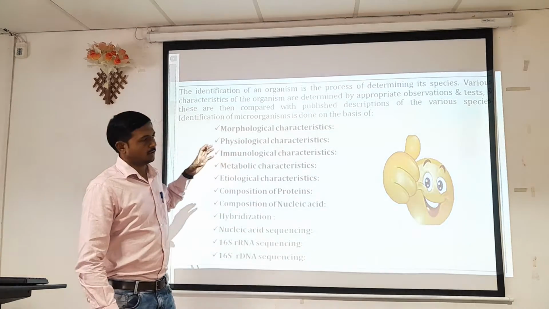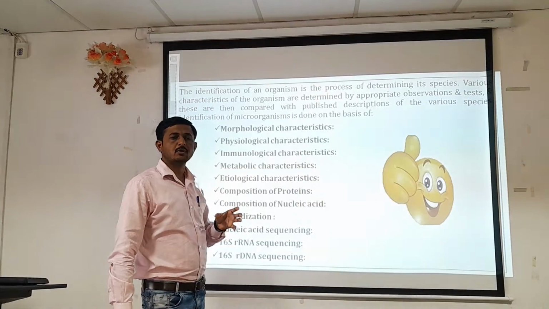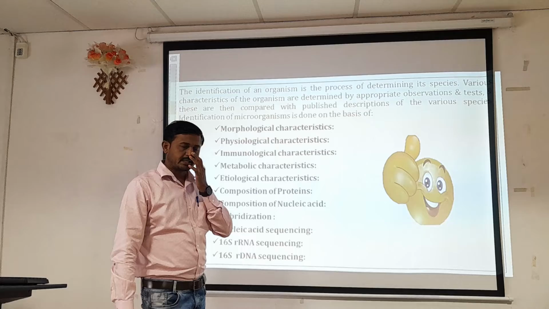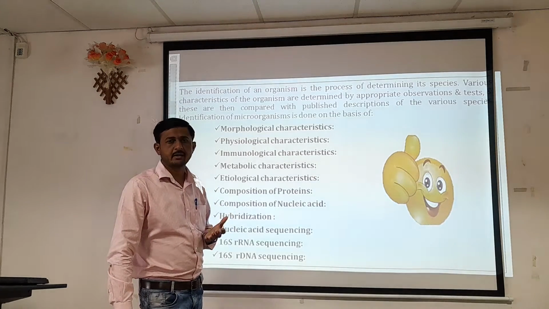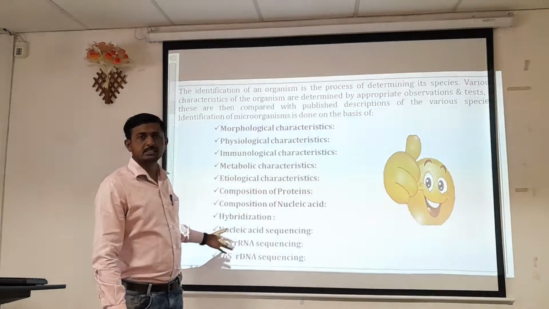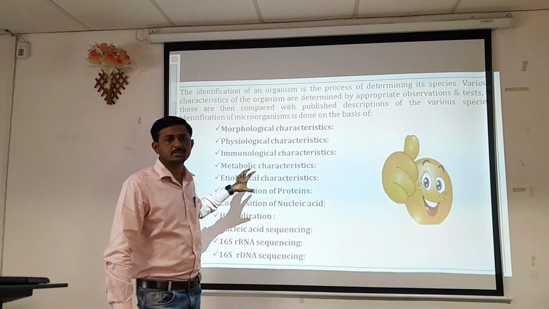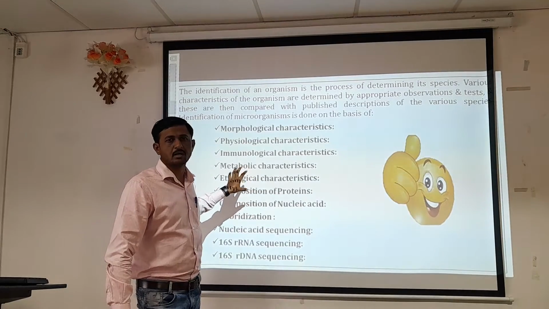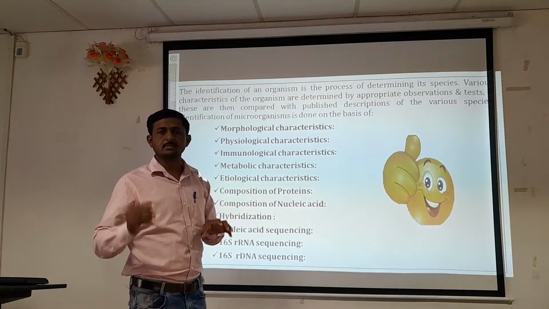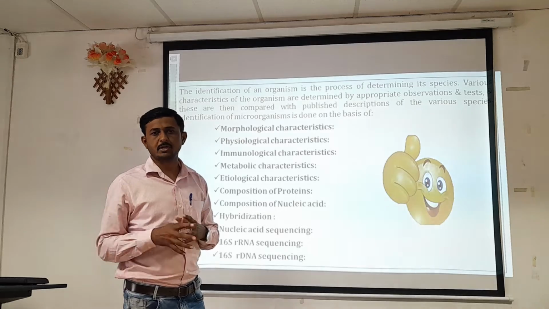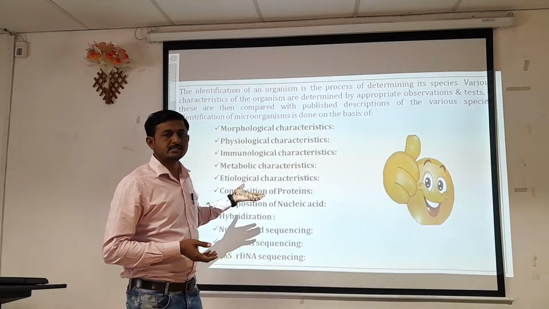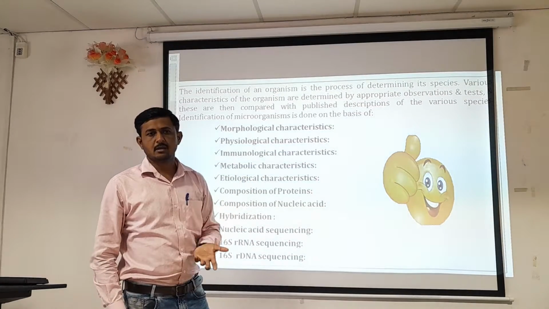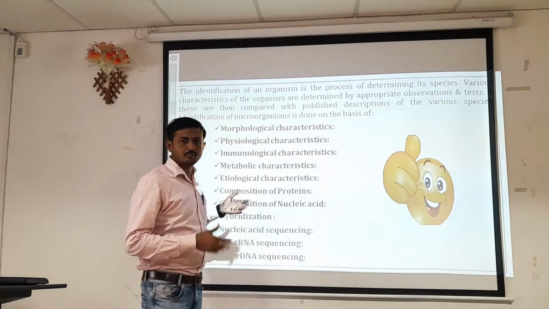If we have collected a particular sample and isolated a type of bacteria, we have to characterize that bacteria with respect to these characteristics and observations. After observation and comparison with the known records, we can say that the organism resembles the characteristics of a particular type of bacteria, whether it is Bacillus, actinomycetes, or another type of bacteria.